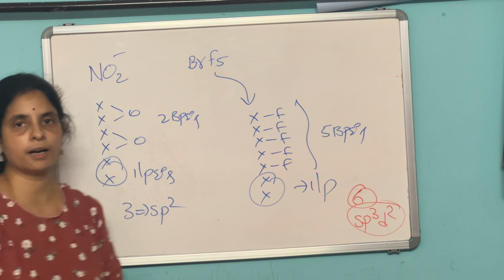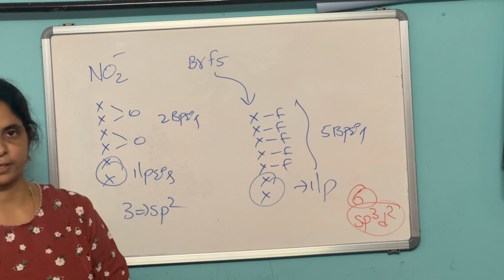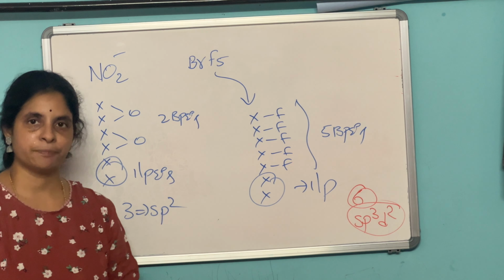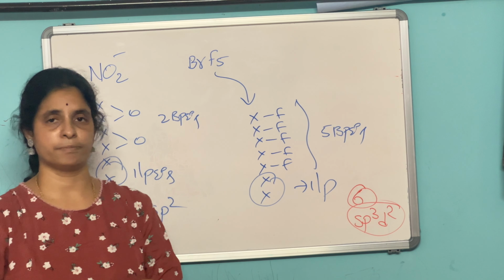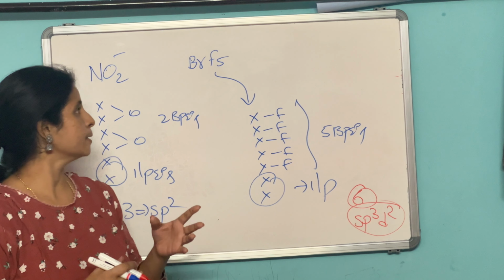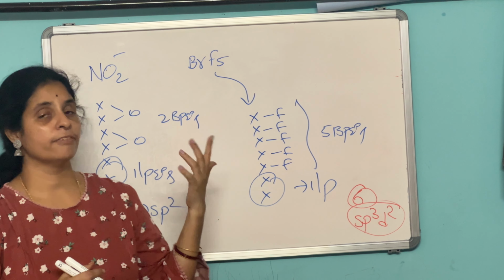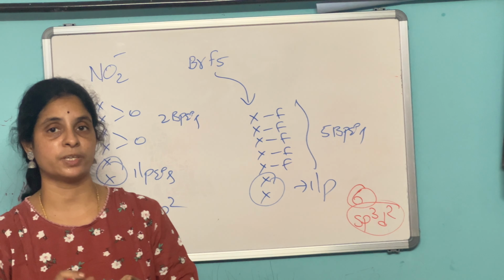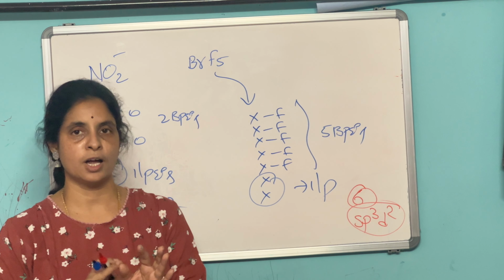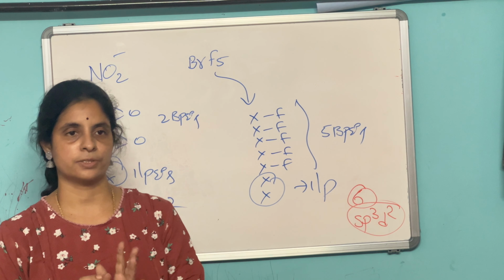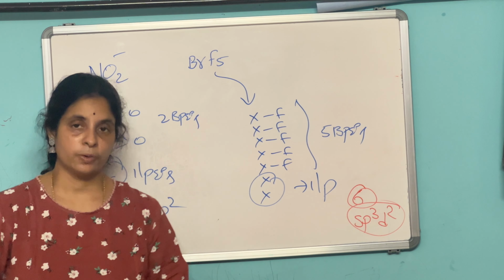It is octahedral or square bipyramidal geometry. Clear? Okay. In the next video, we'll discuss many examples and the difference between the geometry and the shape of the molecules or the ions. Okay. Till now, bye.